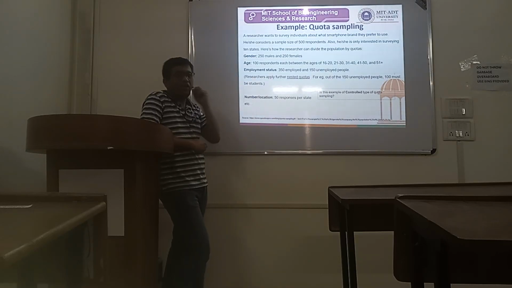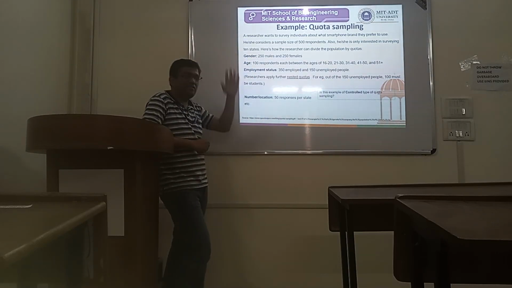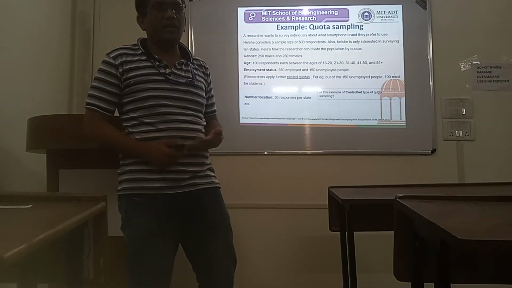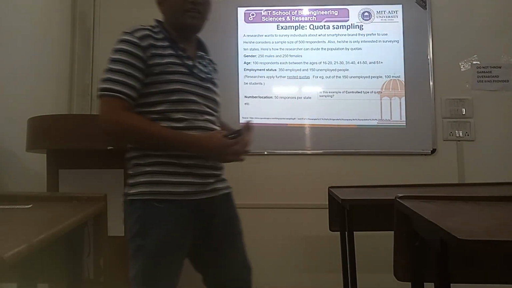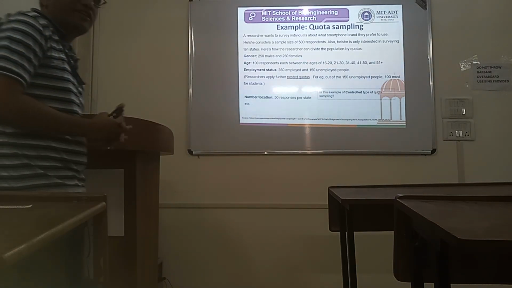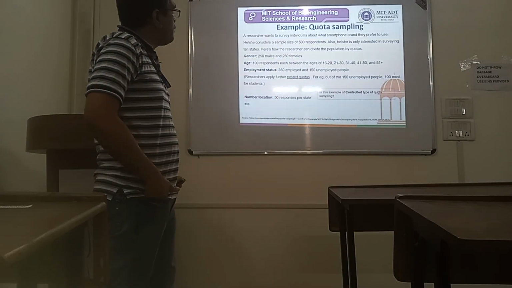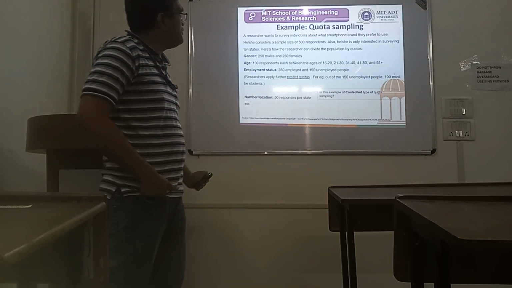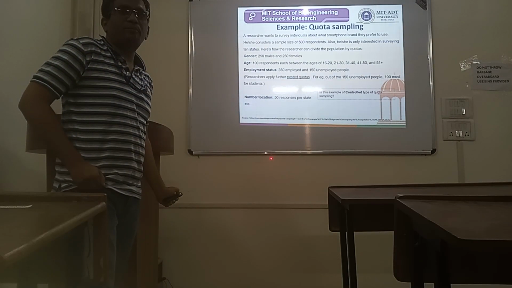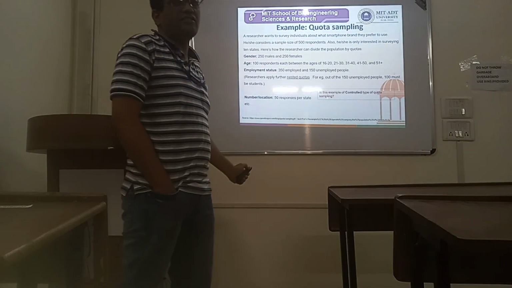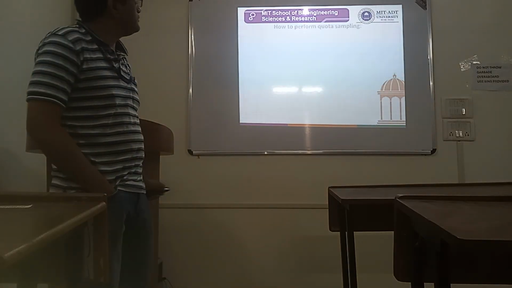That way, you can list all the qualities required for the sampling, whether they are going to be male or female, whether they are elderly, what the age group is, and what the employment status of the samples is going to be. Accordingly, you can sample the individuals in those predetermined qualities or categories, which are called quotas.